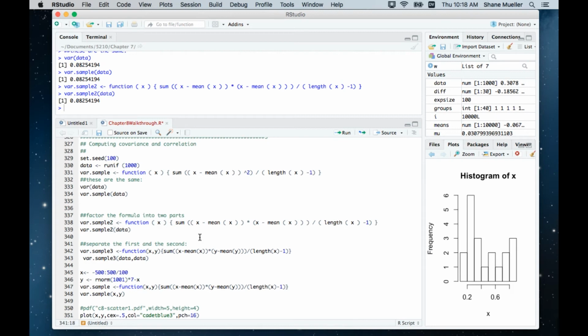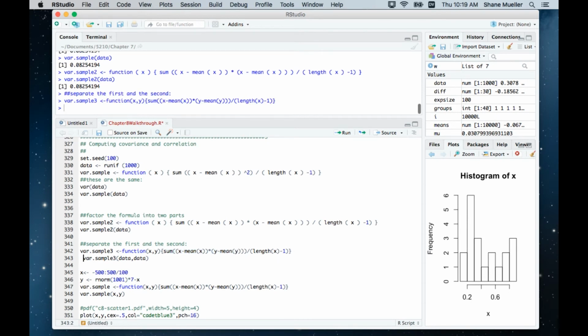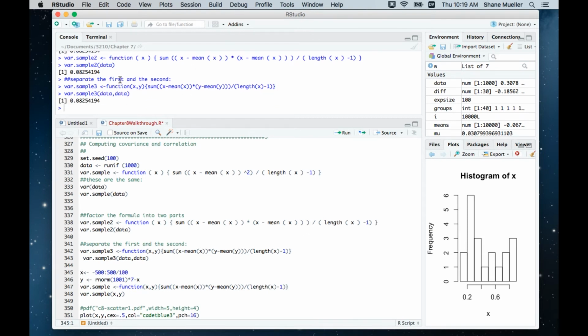So I'm going to separate these out and put the first part as x and the second part of this formula as y. Everything else stays the same. But now I have to give it my data twice. So this seems like it's even less efficient, but just to convince you, I'm getting exactly the same number here.